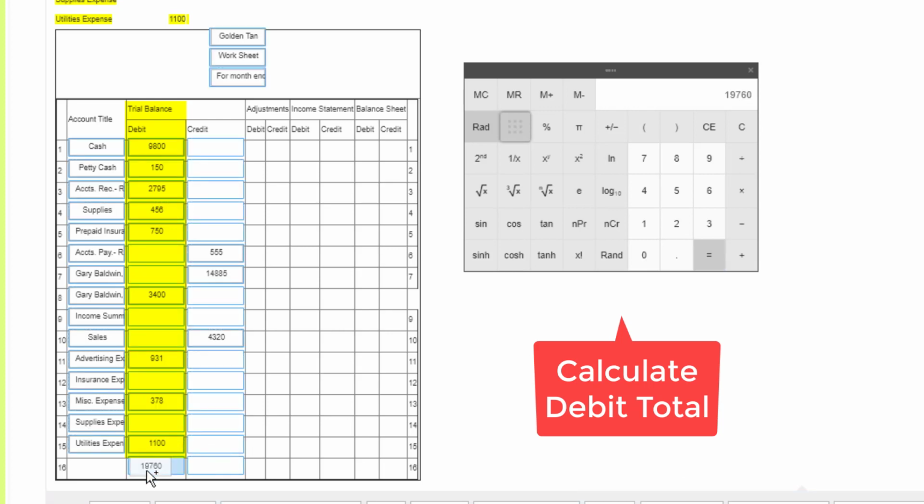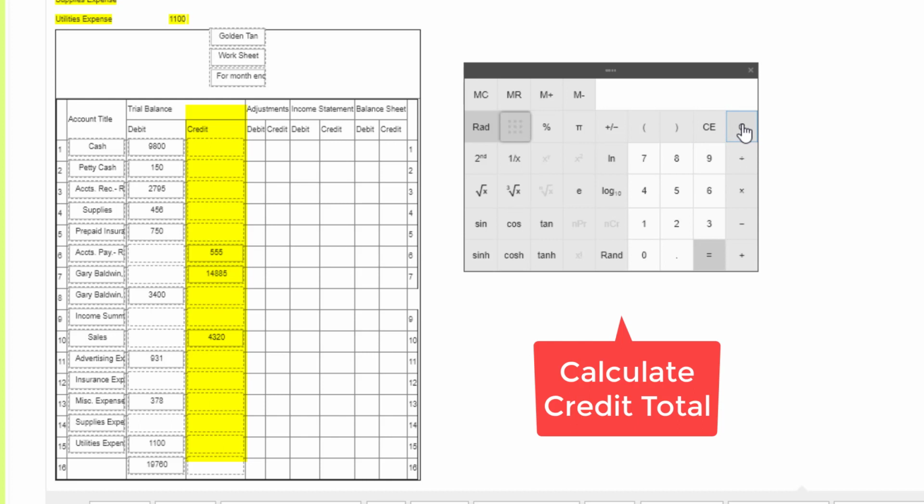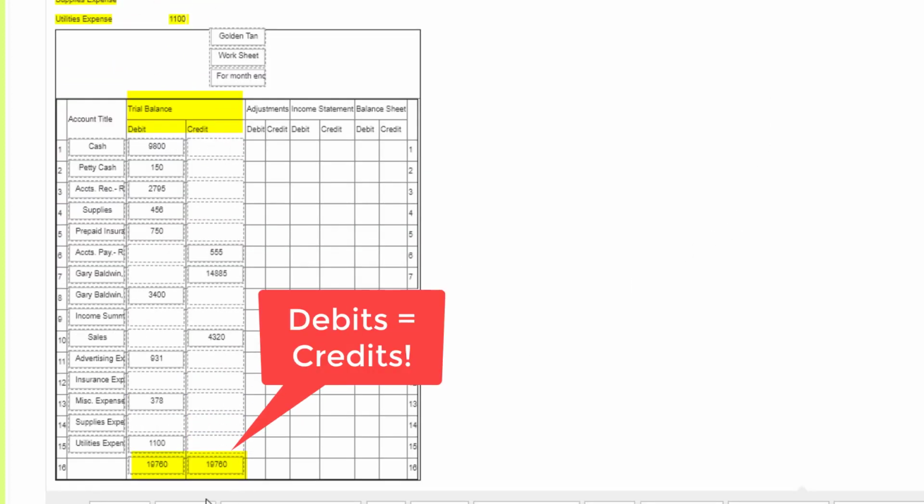So I can drop that as the total for my debits. My credits should be the same thing. I've got 555 plus 14,885 plus 4,320, and I'm given 19,760. And so remember, as long as your debits equal your credits, that is the whole point of the trial balance, and you're good.